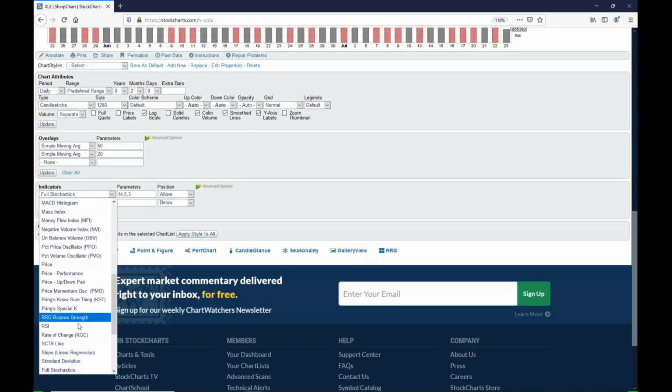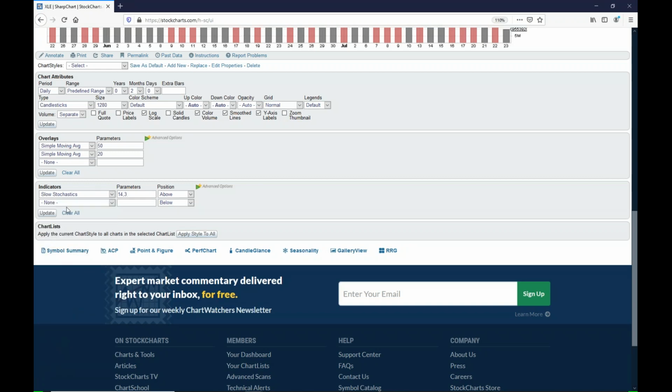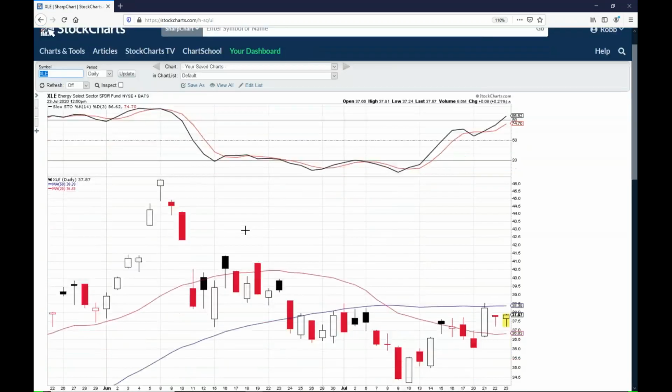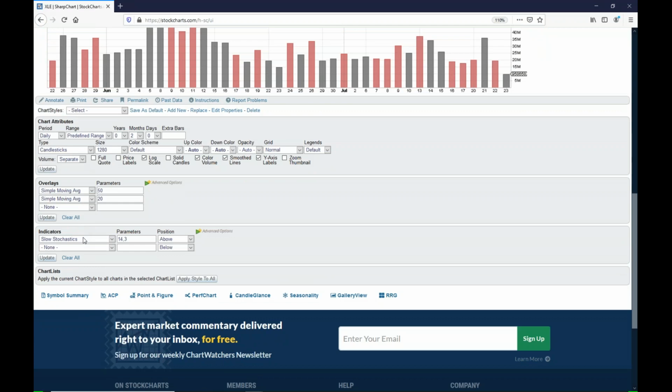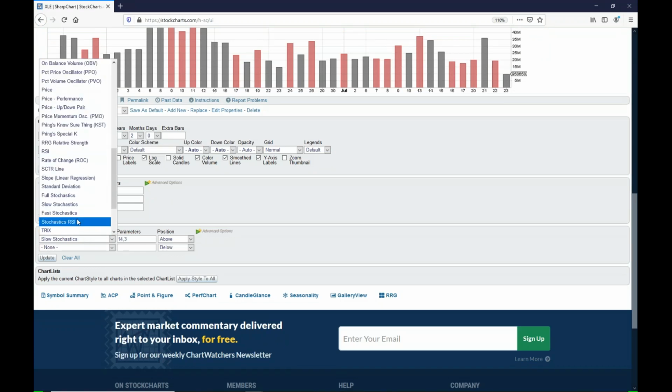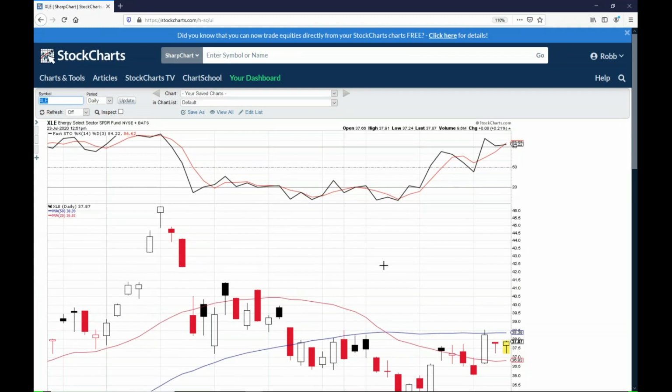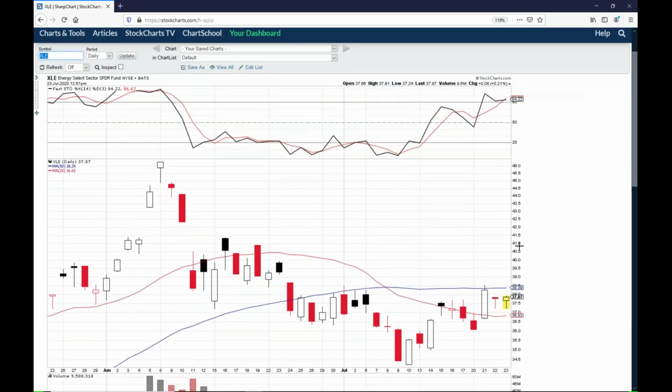If we change it to a slow or a fast, of course, it's going to do exactly what it says. A slow stochastic is going to slow everything down a little bit and not give as many signals, not move as rapidly. And if we speed it up to the fast stochastic, look at how sped up everything is.